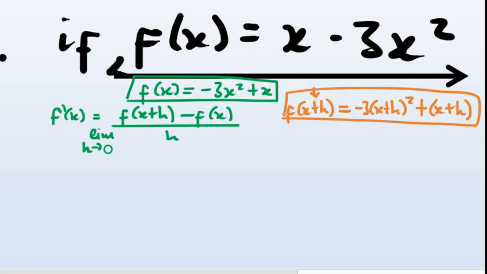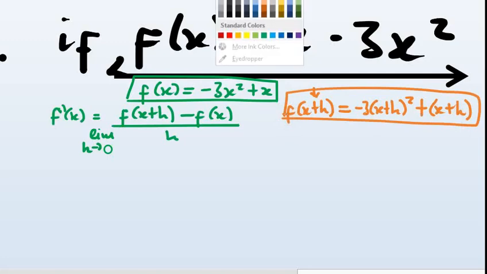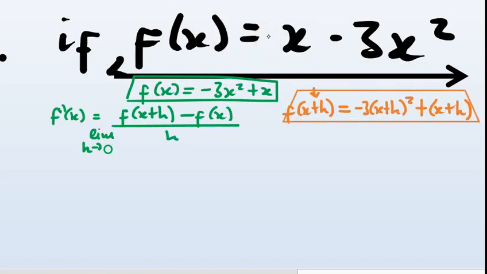Right, now let's go forward. Go back to my green color. Alright, so I'll be saying it's equal to, substitute that, it will be negative 3 multiplied by x squared plus 2xh plus h squared, minus, okay, I'm not done.